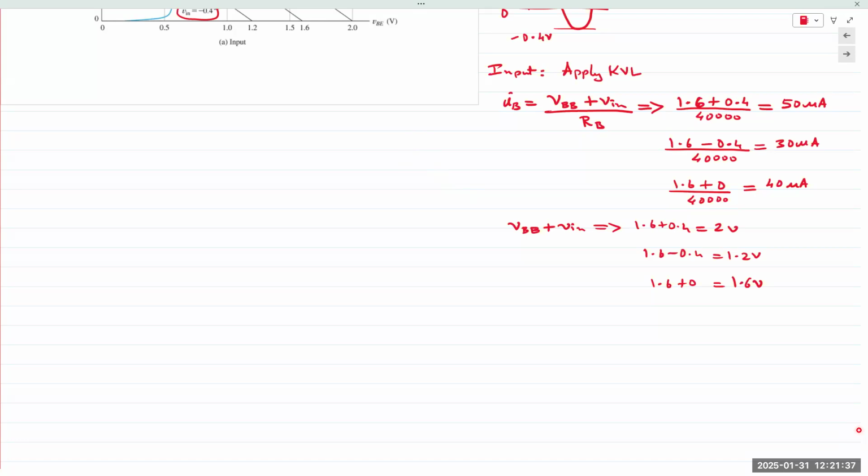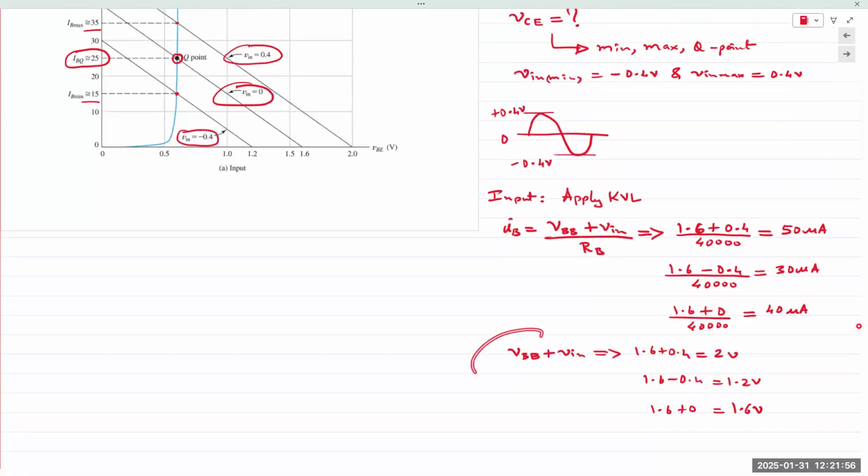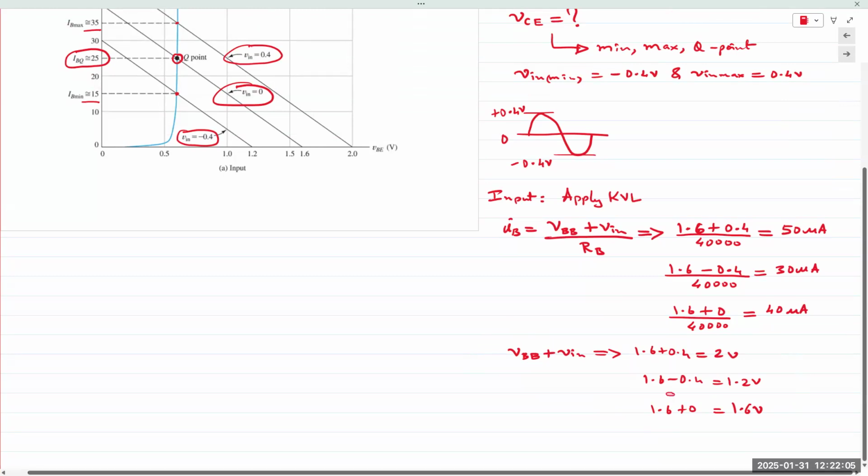VBB and VCC are applied as DC biasing voltages that fix the operating point in the middle. And then you apply an AC input. The AC input causes variations in IB, which causes variations in VB, or you can also state it vice versa. And so the base voltage is now changed. The base voltage equation is right here, VBB plus V in. So it's 1.6 plus 0.4, minus 0.4, and then plus 0.